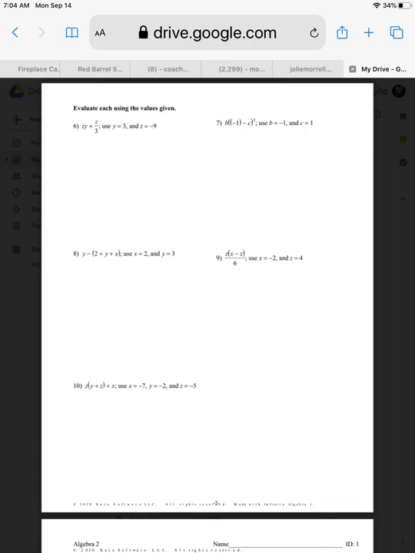Okay, so what we're doing, this is a bit easy. We're just plugging in, okay? Basic. So I have my 2 variables, and I'm going to plug in, okay? So plugging in. Z, negative 9, times y, which is 3, times z, which is negative 9, divided by 3.